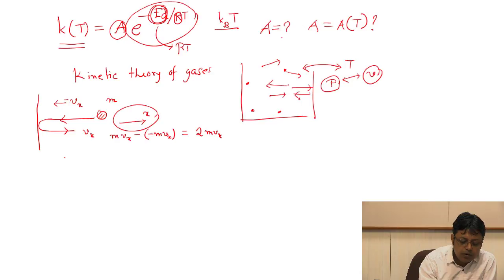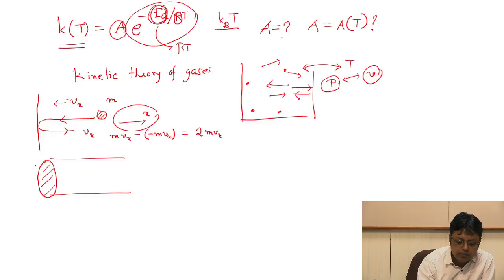Now consider that this is for only one molecule, and to calculate the pressure we have to calculate the force. So we have to consider some cross-sectional area on the wall. Suppose this area is A, an arbitrary area, and we have to ask how many molecules are striking this wall, and what is the total change in momentum?